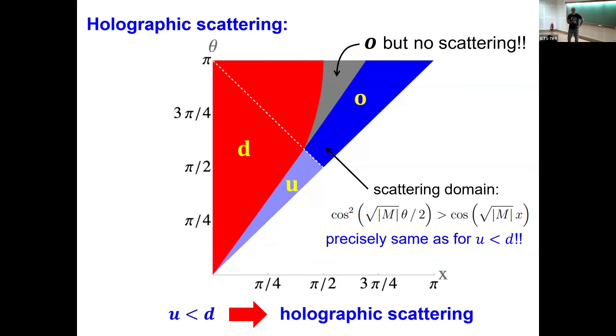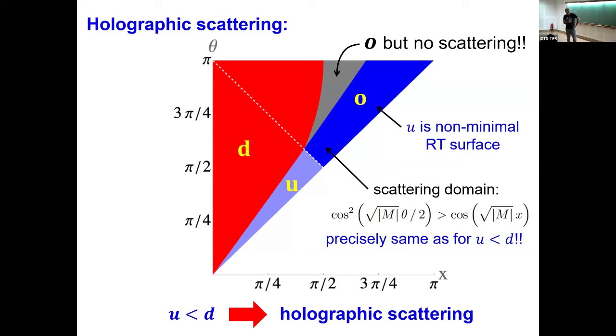And so what that's saying is then that in the regime where we have U less than D, that's definitely a part of where I've got the connected phase, but when U is less than D, that's precisely when I get holographic scattering.